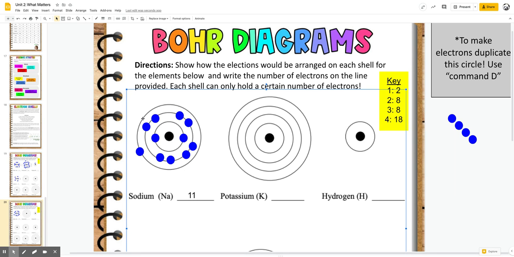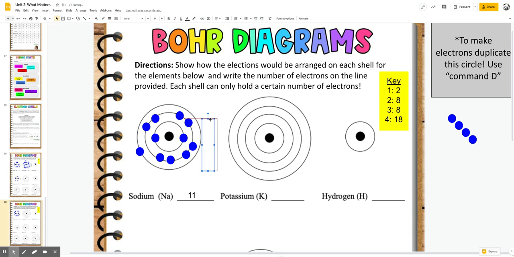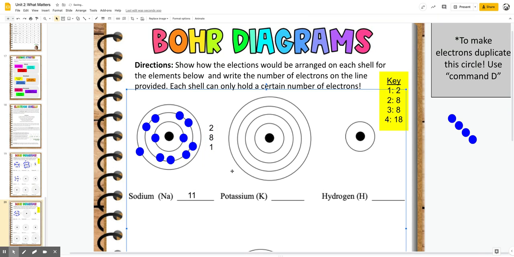It can hold up to 8, but that doesn't mean it has to hold 8. If I only have 1 more electron to put on to show an atom of sodium, then so be it. So to write out the configuration, you don't have to do this, I just want to show you. We have 2 electrons on the first shell, 8 on the second, and we should have 1 on the third.